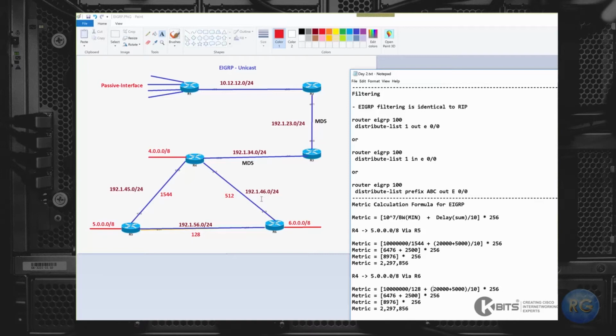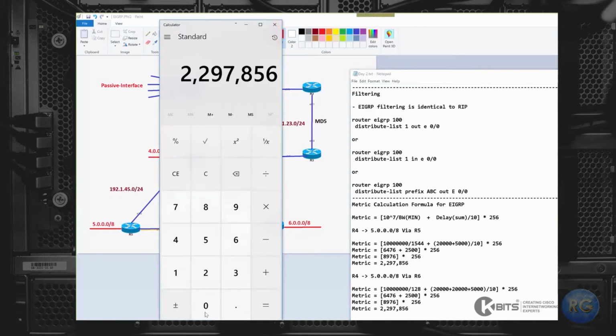Delay will be more. 20,000 for this first serial, 20,000 for the second serial plus 5,000. So it'll be 20,000 plus 20,000 plus 5,000 divided by 10 times 256. So the first thing that I need to do is take 10 to the power of 7 divided by 128. That is 78125.